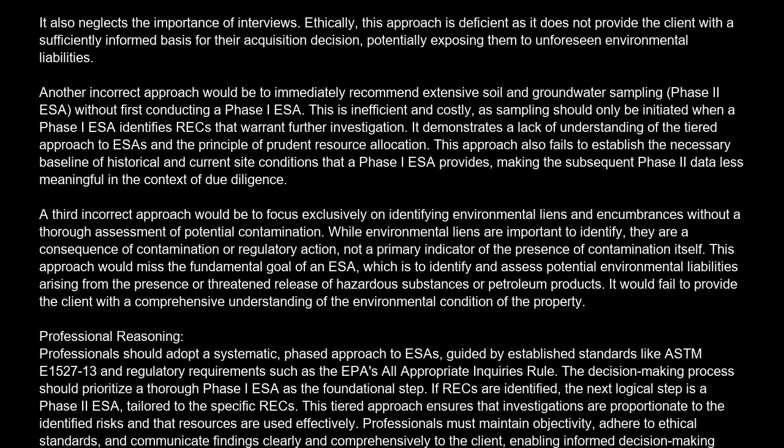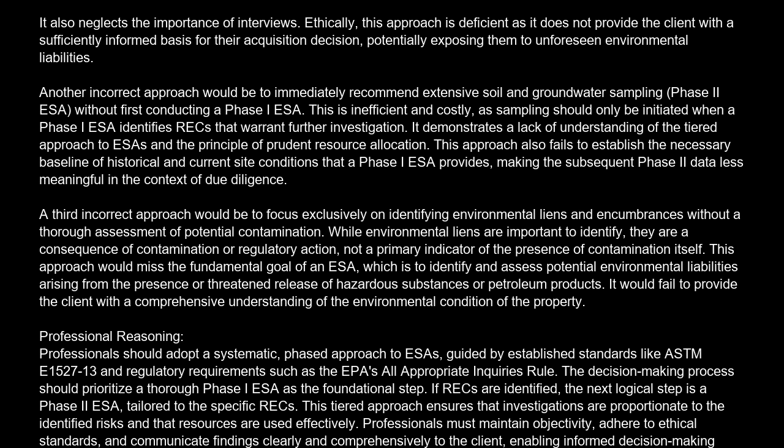Professional reasoning. Professionals should adopt a systematic, phased approach to ESAs, guided by established standards like ASTM E1527-13 and regulatory requirements such as the EPA's All Appropriate Inquiries rule. The decision-making process should prioritize a thorough Phase I ESA as the foundational step.